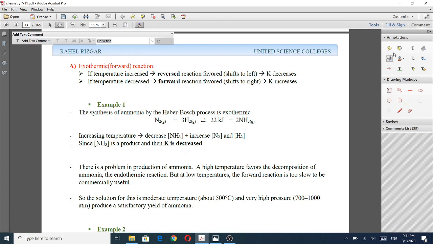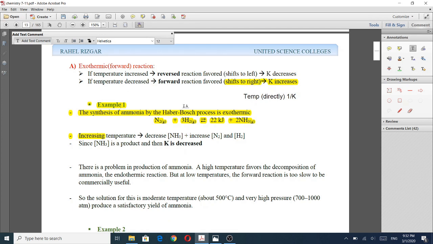So if I may write a point here, we can say that temperature is inversely proportional to K. So by increasing temperature, since the reaction will shift to the left, K decreases.